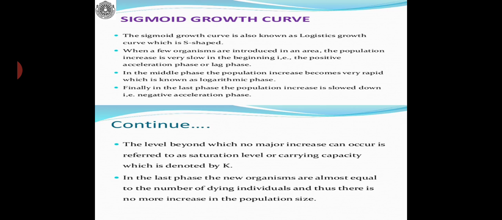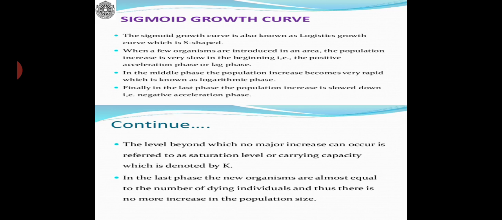Coming to the sigmoid growth curve. The sigmoid growth curve is also known as the logistic growth curve, which is S-shaped. When a few organisms are introduced in an area, the population increase is very slow in the beginning, that is, the positive acceleration phase or lag phase.